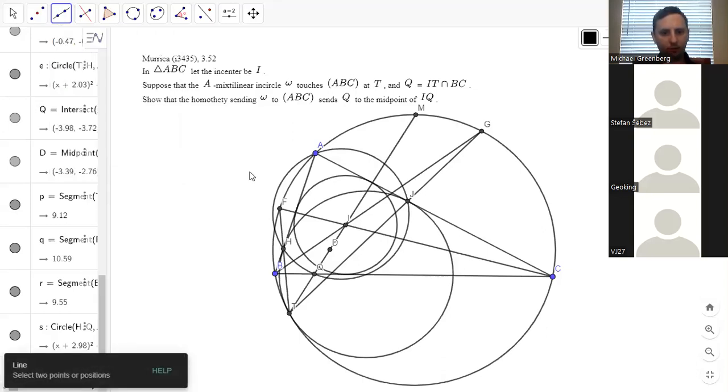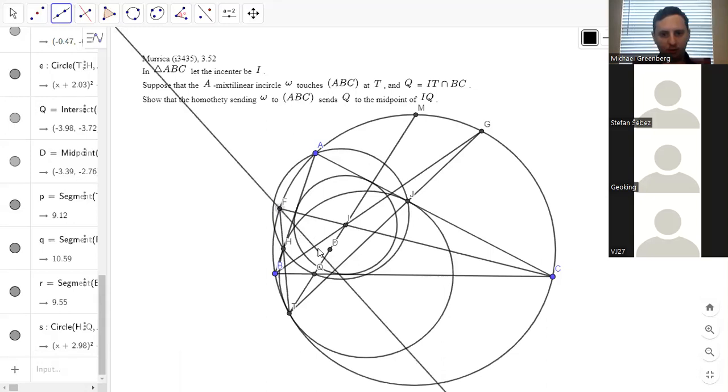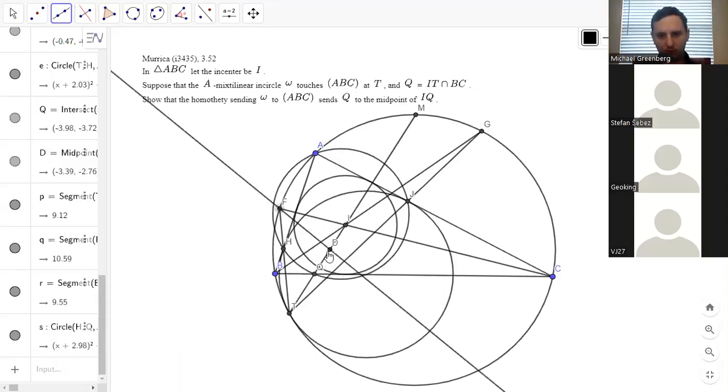What do we know about this point D? Feature FD and GD.